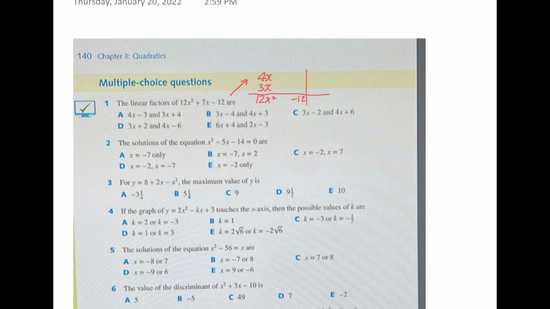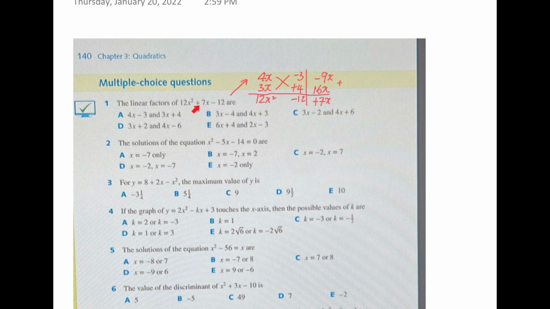So I'm going to use positive 4 and minus 3. I am able to imagine that when I use 4x times 4, I get 16x. When I use 3x times minus 3, I get negative 9x. So when I add up these two, minus 9 plus 16 is positive 7x.